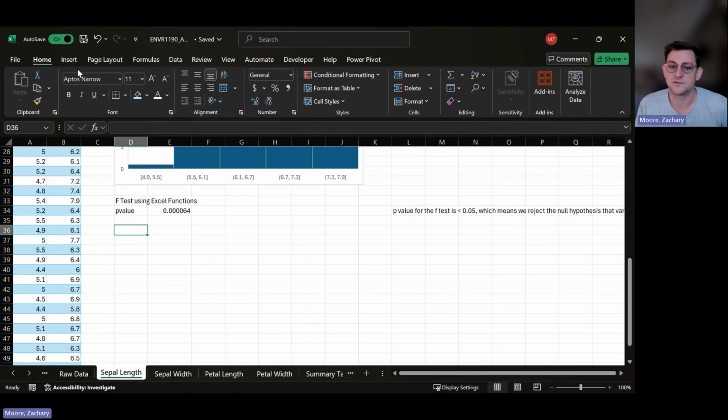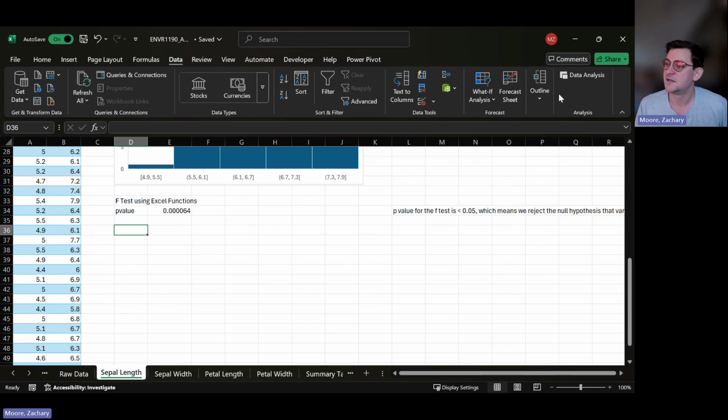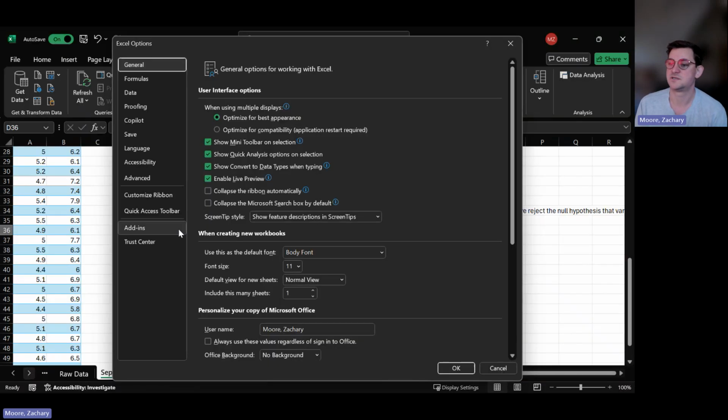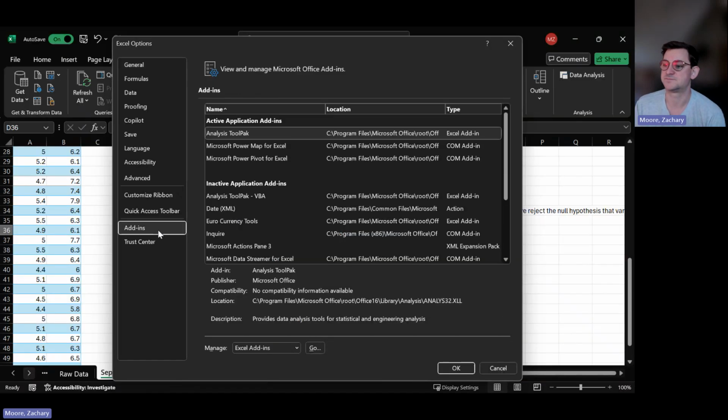The other way that we can do it, which gives us a little bit more information that we don't necessarily need, but is also good to understand, is to use the data analysis toolpack. If you don't have data analysis in your data tab up here, go to File, go to Options, and go to Add-ins.